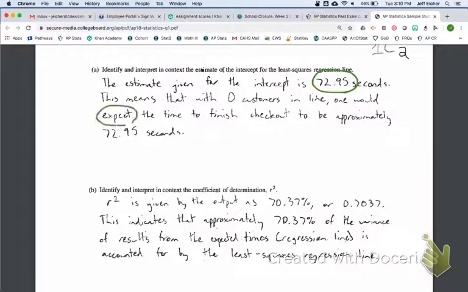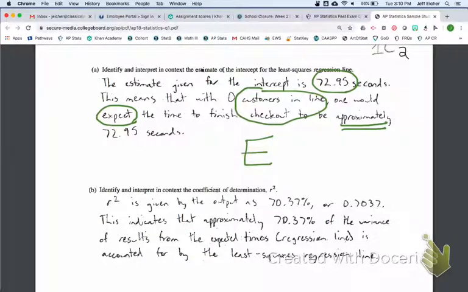They have that we expect, and not as strong, but approximately was also accepted on this rubric as recognition of an expectation or a prediction. And then lastly, they have context, customers in line, and time to check out. So that would be scored an E.